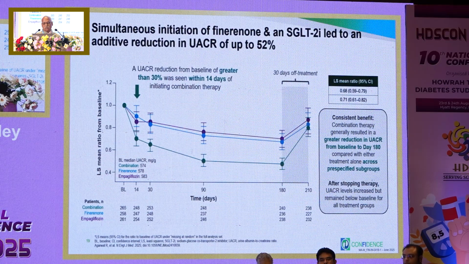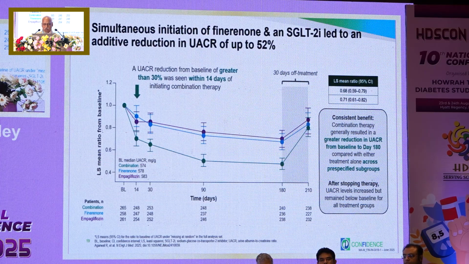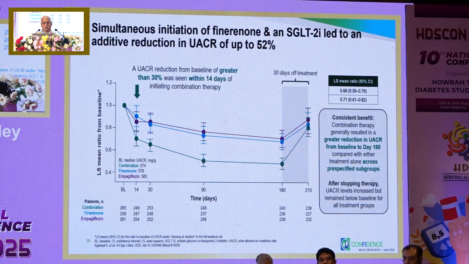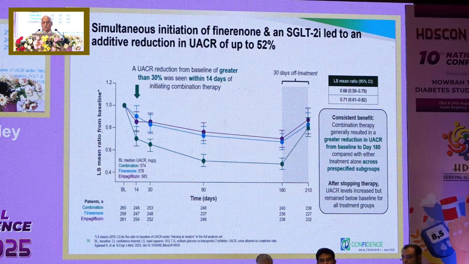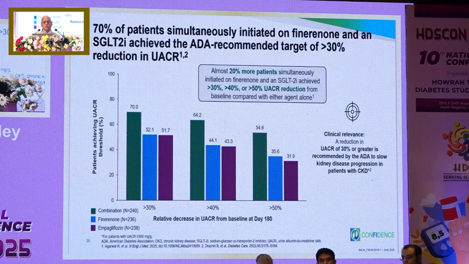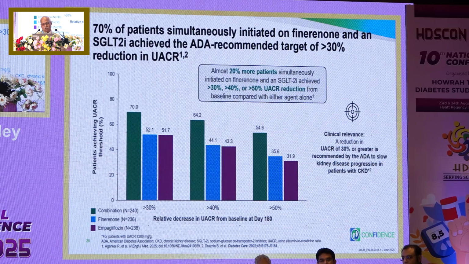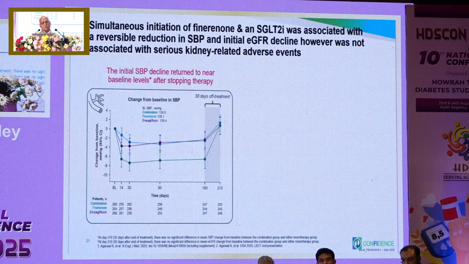So it's important that you simultaneously initiate these patients with approved SGLT2 inhibitors and non-steroidal MRAs like Finerenone, and you can have an additive UACR reduction by 52%. ADA recommends that at least 30% is the cutoff to get the benefit, and we achieve almost 52% if you combine these two medications on top of RAS blockade.